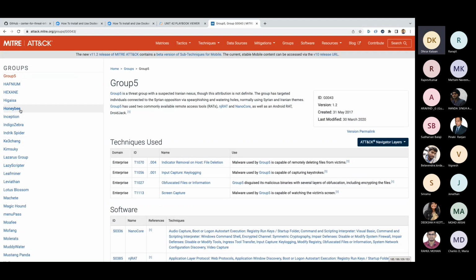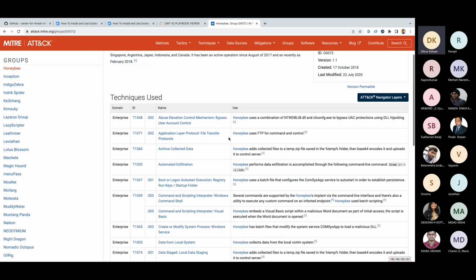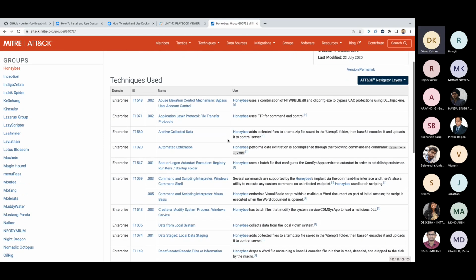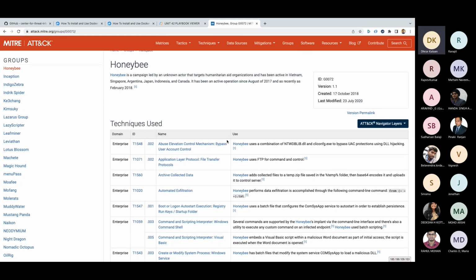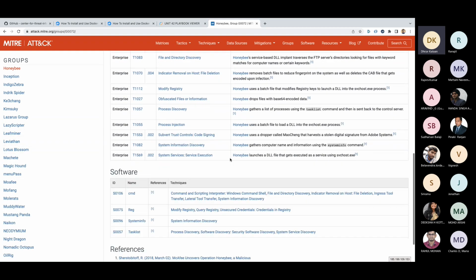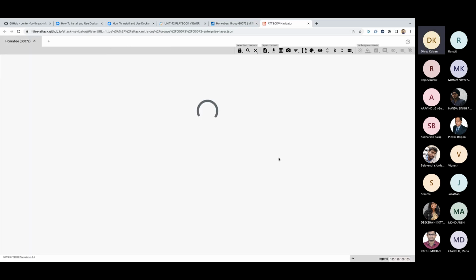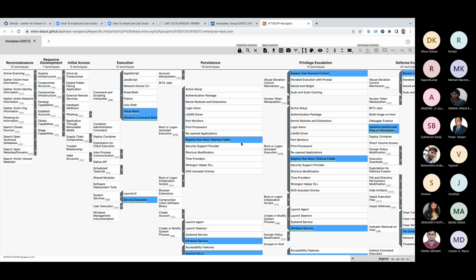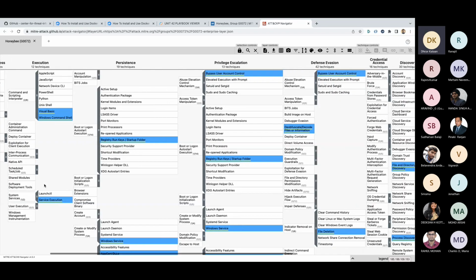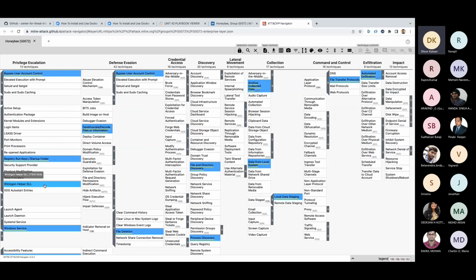So for example, if there is a specific group that you're talking about, people who have worked here will tell you what techniques this specific group has used. If you want to see them the ATT&CK framework way, you can just go to the ATT&CK Navigator here as well, and you will be able to see in what way they have done what.